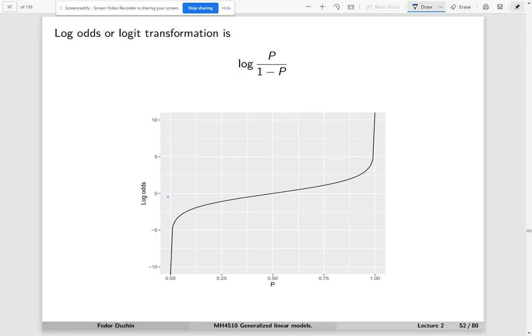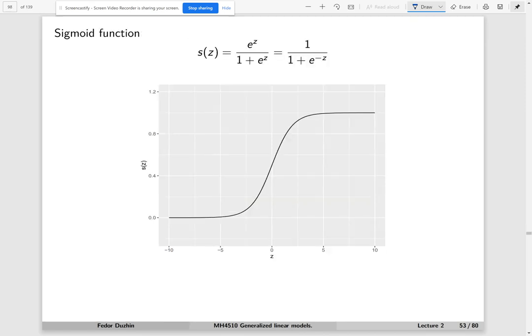So the origin is here, and the line is probably this. If we flip it about this line, then we are going to see this, the so-called logistic function. Maybe it's a bit not precise.